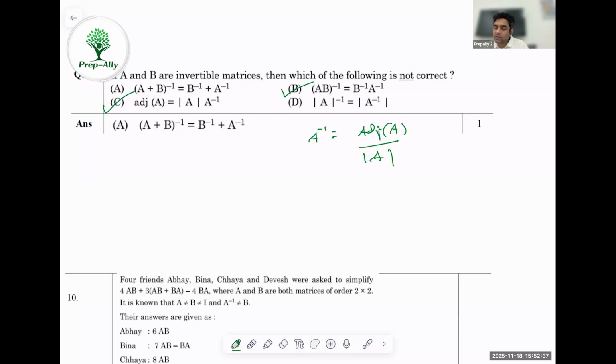This is also a property we already know, and this is also true because det is a scalar value. So whether I say 1 by det A or det of A inverse, they will be the same. So only this is out there and this is not correct because it does not follow this relation.